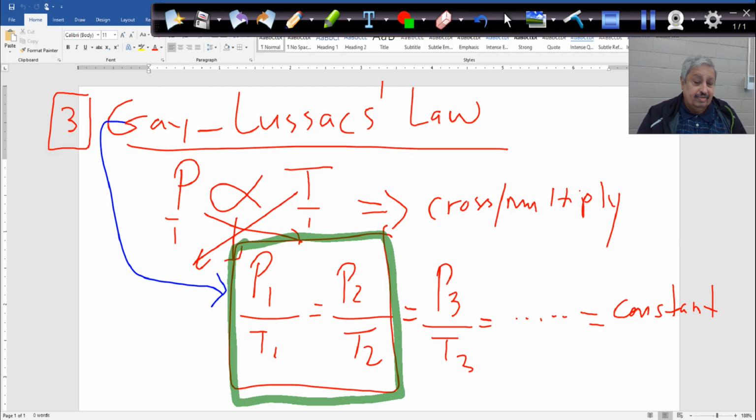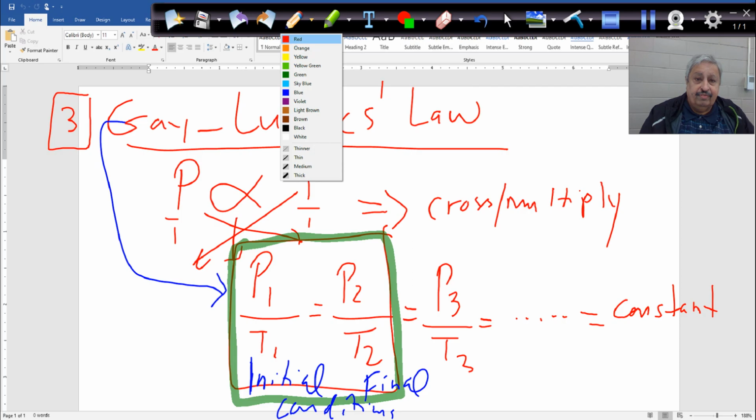And again we have initial and final condition. Okay, guys. So anyway, that's number 3. Number 4. Oh, we can do the graph.